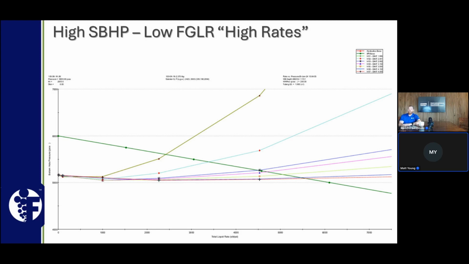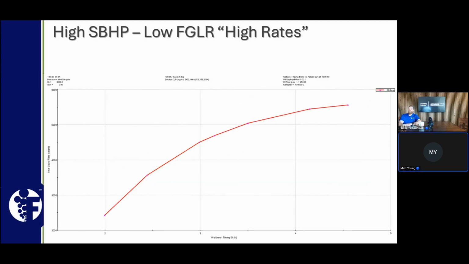One thing you'll note too is that as our formation GLRs decrease, the delta between maximum production and minimum production really tightens up. It becomes a lot less. And again, the big driver we found in this project was that total GLR, formation GLR, had a really big impact on that.